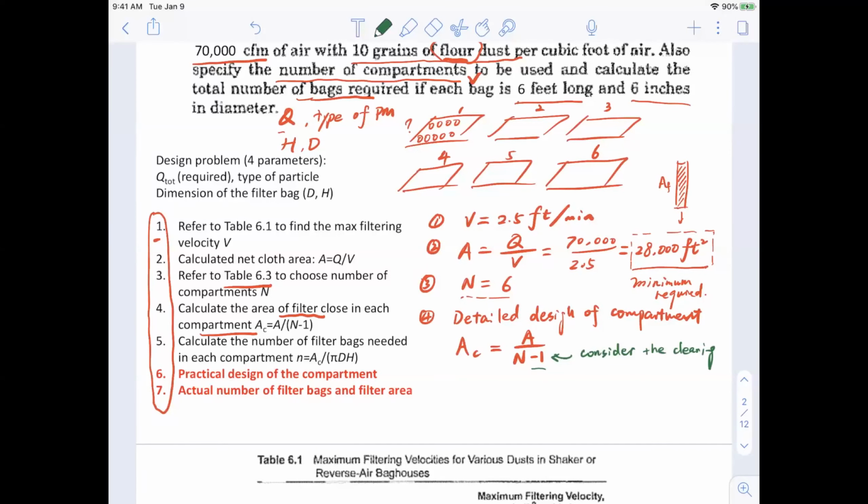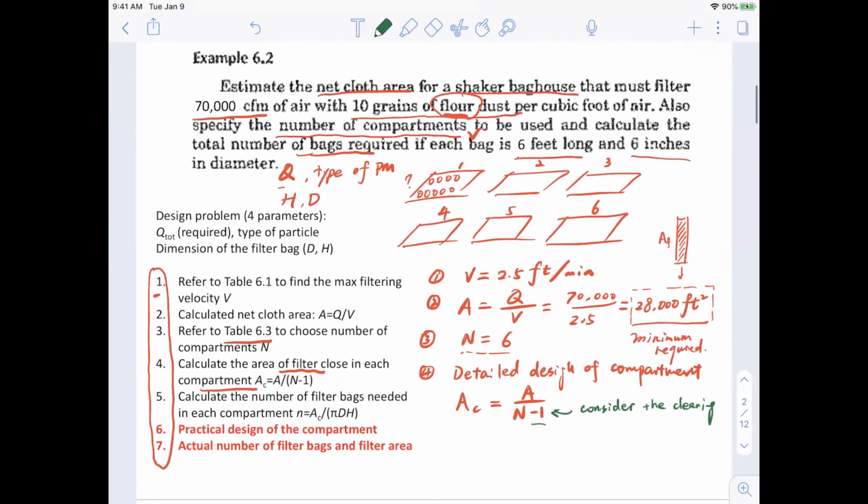We mentioned that for these shaker baghouses or for the reverse air baghouses, periodically we need to take a whole compartment offline. And what the remaining baghouse does is that 5 of them will be running at a higher filtering velocity to filter out the particles, right?